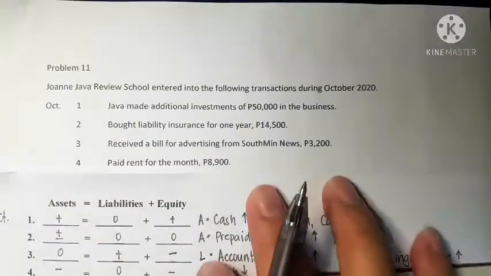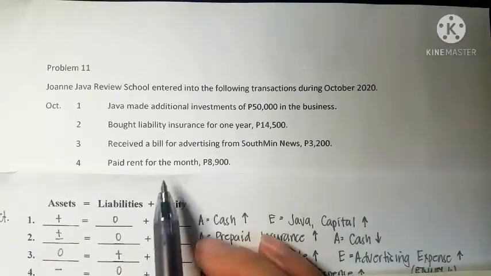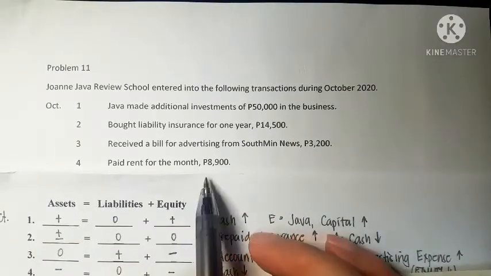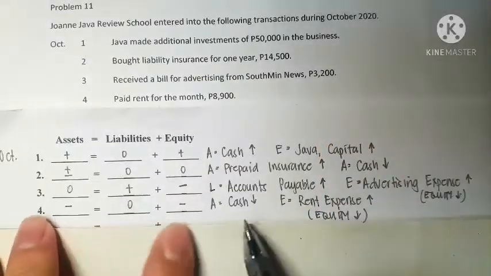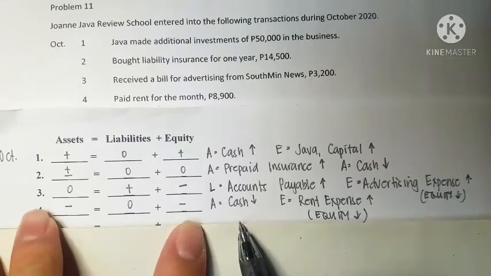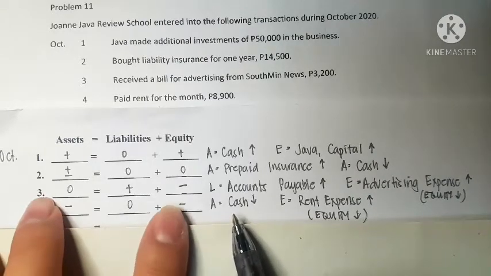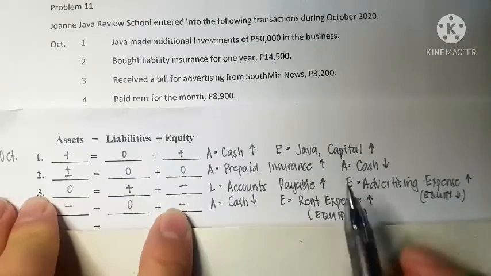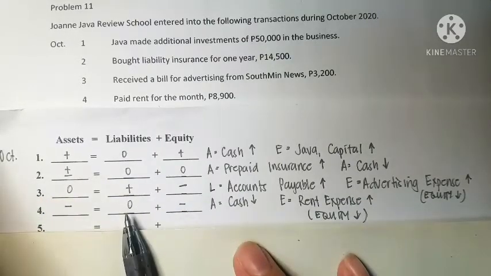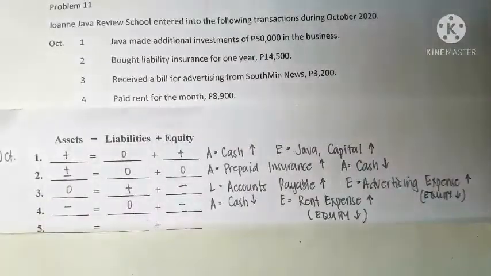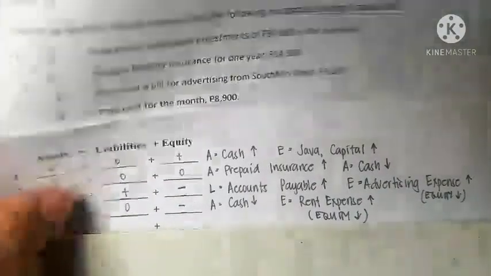October 4, paid rent for the month for 8,900. So there is a decrease in assets, particularly cash, and a decrease in equity, particularly rent expense. No effects on liabilities. So we put that in our journal entry.